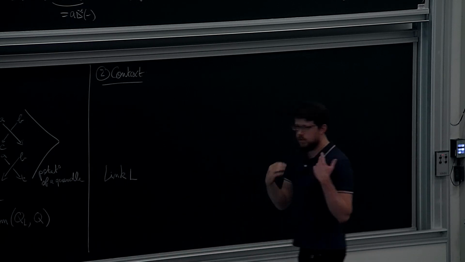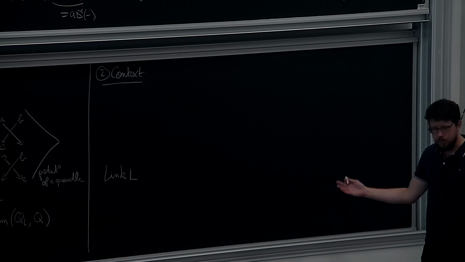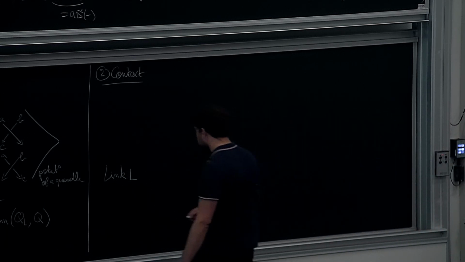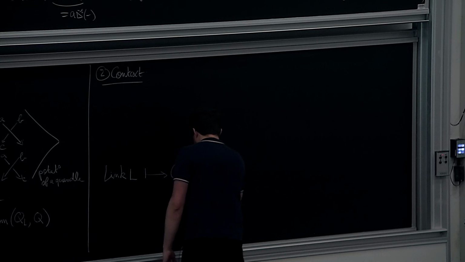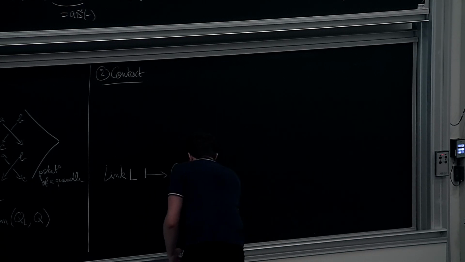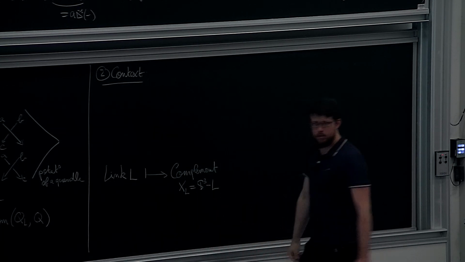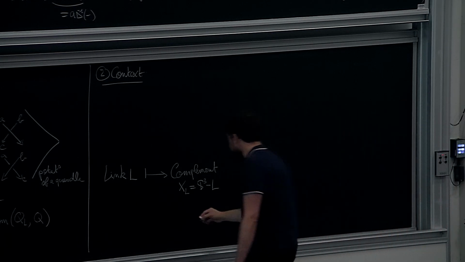And the usual story, the historical story of the beginning of knot invariants is, okay, we will consider the complement, which is S3 minus L. This is a 3-manifold.